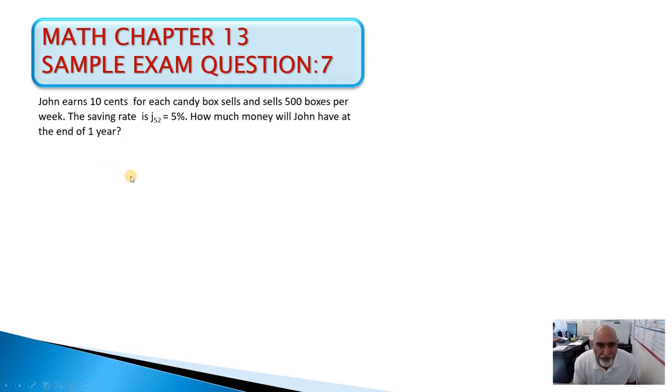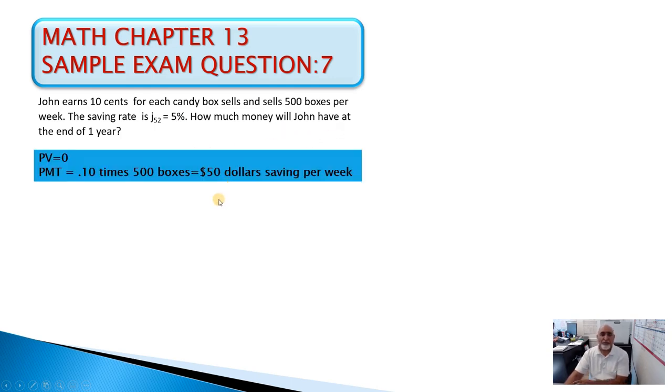John earns 10 cents for each candy box he sells, and he sells an average of 500 boxes per week. The savings rate is J52 equals 5%. How much money will John have at the end of 1 year? Right away, timeline diagram. But before that, let's figure out what's 10 cents times 500. That's $50 every week that he's saving.